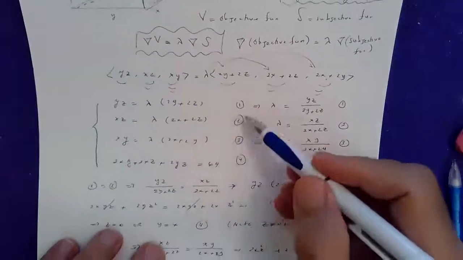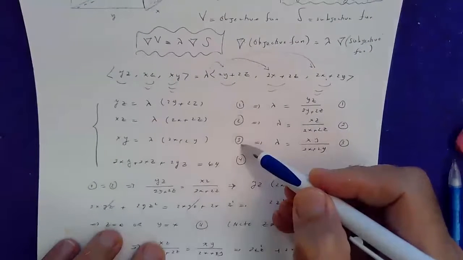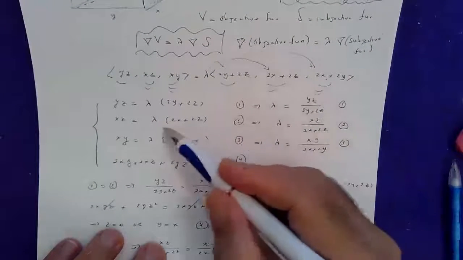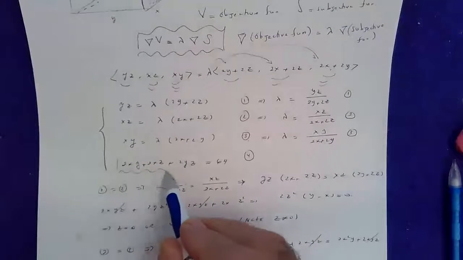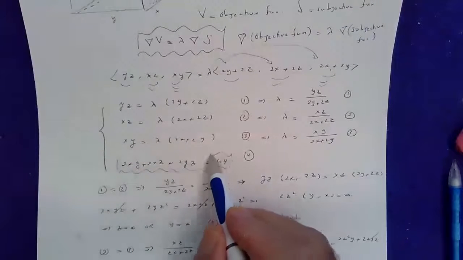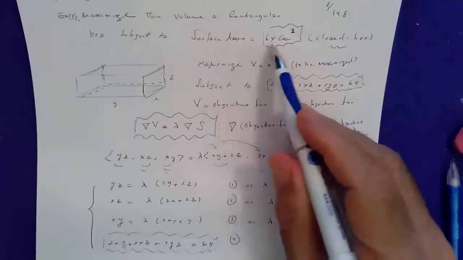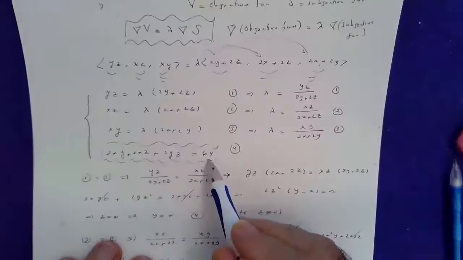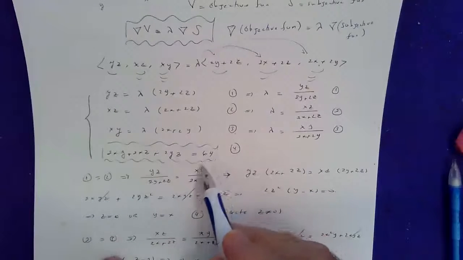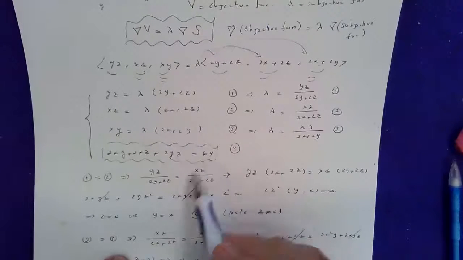When you do, you get these three equations. But then again, you have three equations and four unknowns. So what we usually do is augment, or attach, the constraint equation, which in this case is the equation of the surface area, 64 square centimeters. It's a fixed number.